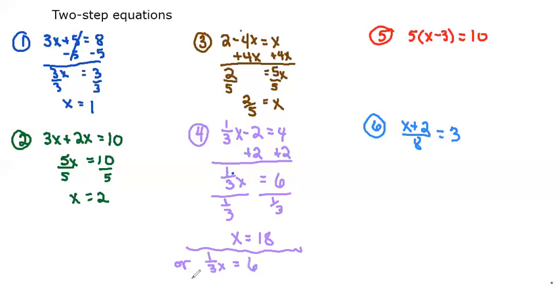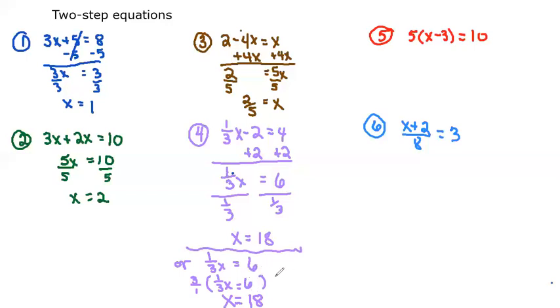I multiply everything by 3/1. So 3/1 and 1/3 multiplied together cancel, so I end up with x. And then 3 times 6 gives me 18. Okay, so 2 different ways that you can take care of that fraction.